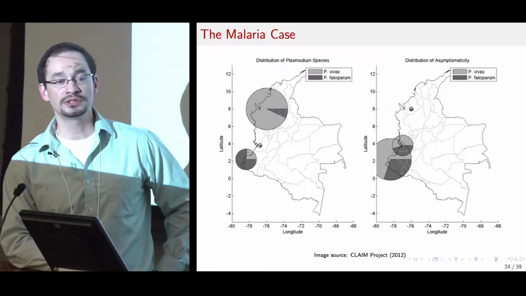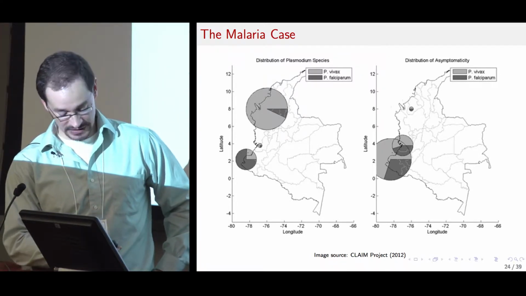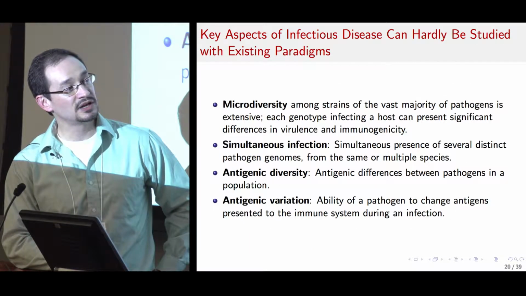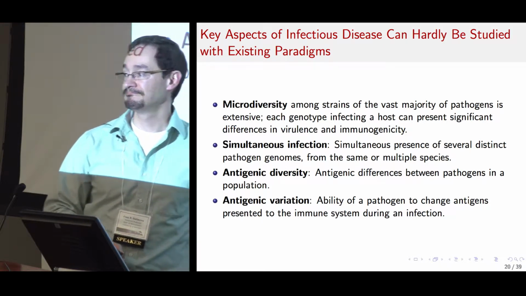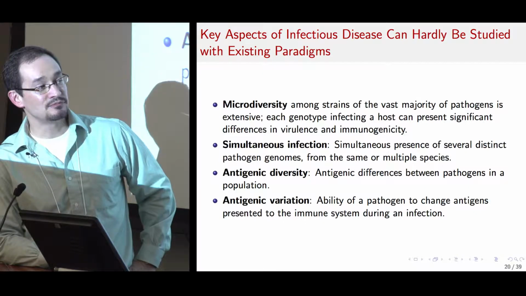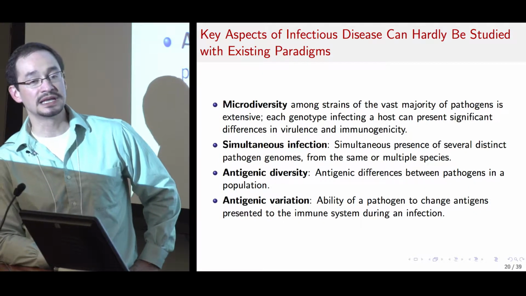So we know that the population of the parasite is very heterogeneous. And that's one of the problems that we have here with antigenic diversity and antigenic variation. Unfortunately, we don't have enough time to go into the modeling details of how we incorporate this into a population, but think about the following.